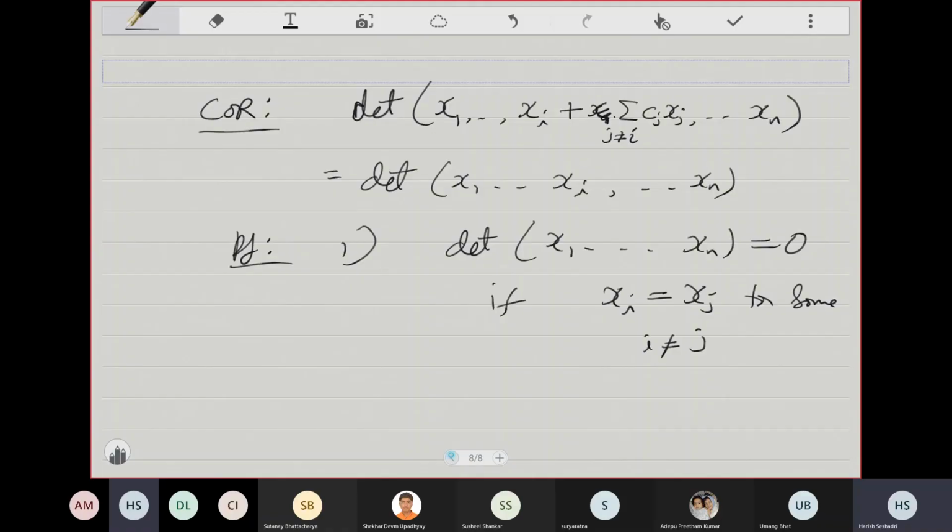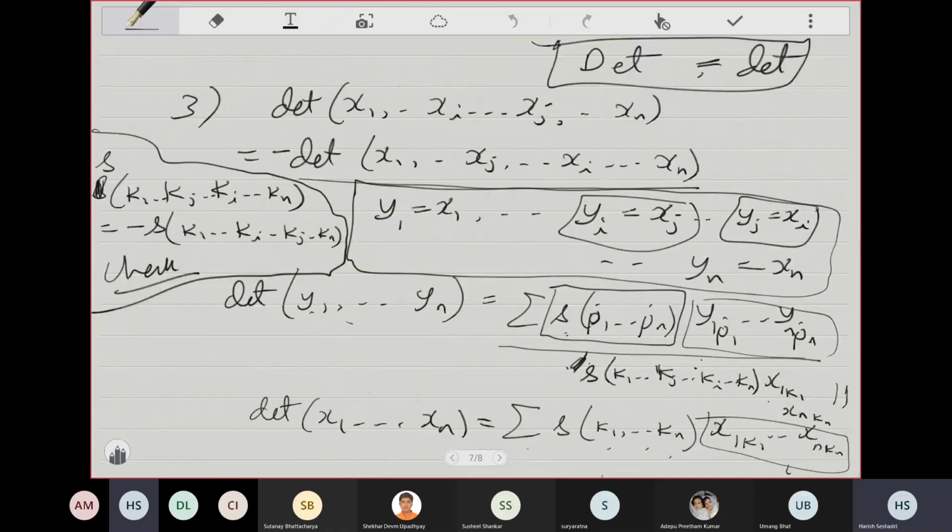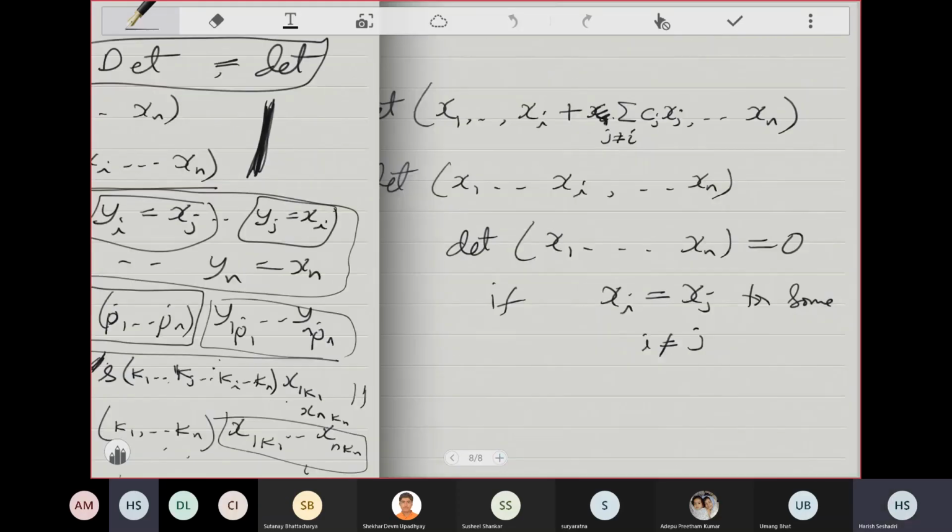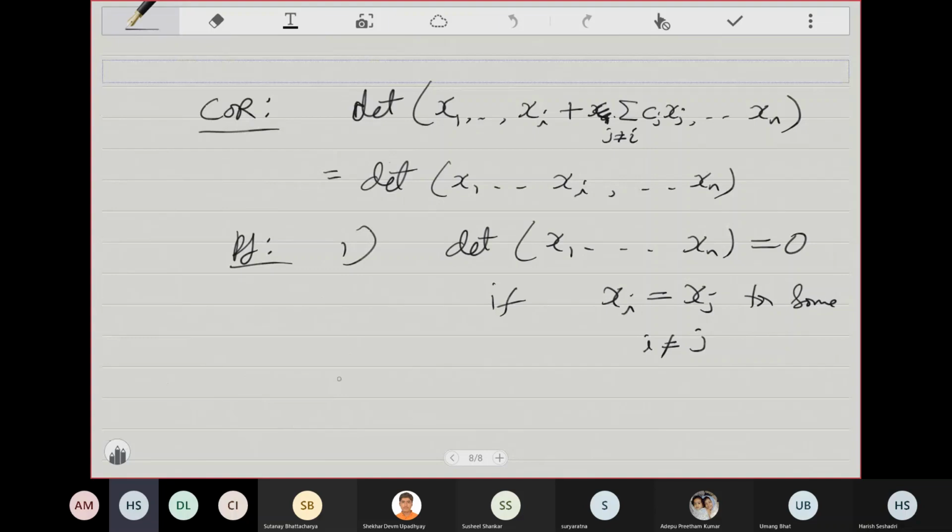This is an immediate property. In fact, this is equivalent to the alternating property. This is an immediate corollary of this. If xi equals xj, then the right hand side, even without the minus sign, will be equal to the left hand side. But there's a minus sign. Therefore, both sides have to be equal to 0. So that's immediate.